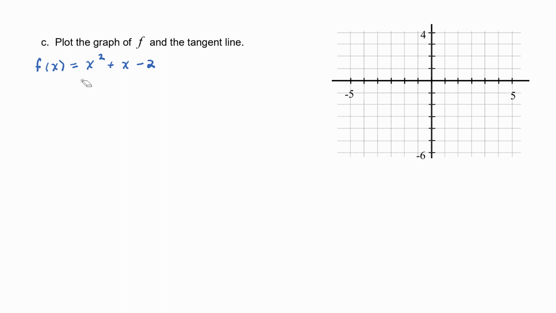Now we can find the roots by factoring. This would be x plus 2 times x minus 1, which means the roots of f are at (-2, 0) and (1, 0). So we know those 2 points are on the graph.